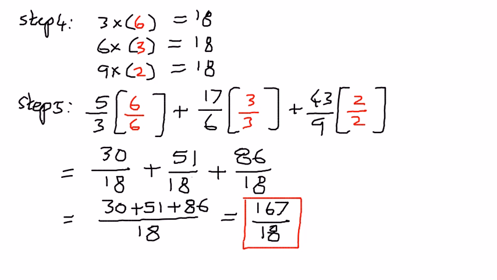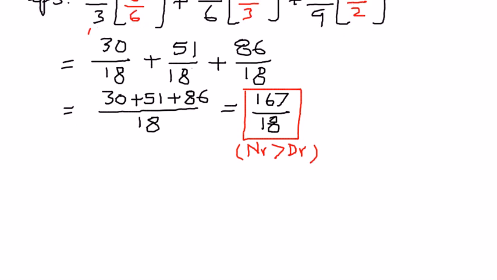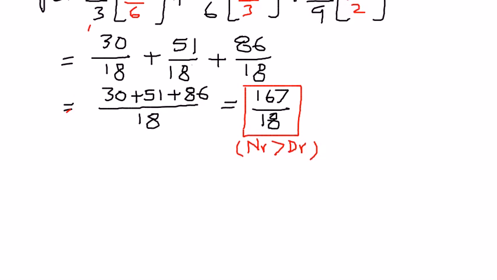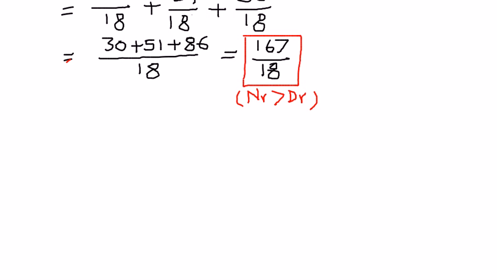Since the numerator is greater than the denominator, this is an improper fraction. We can represent this improper fraction as a mixed number, and we can do that as a next step. We'll write this one as step number 6.